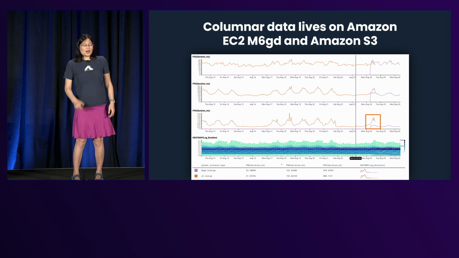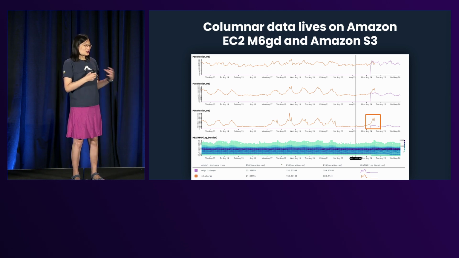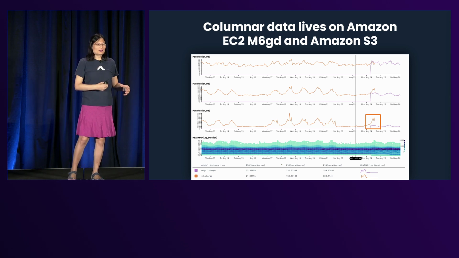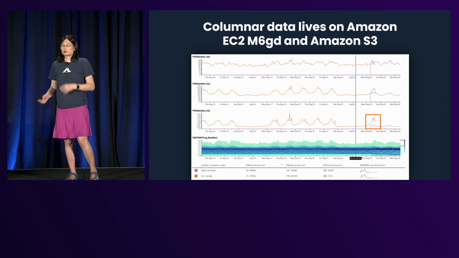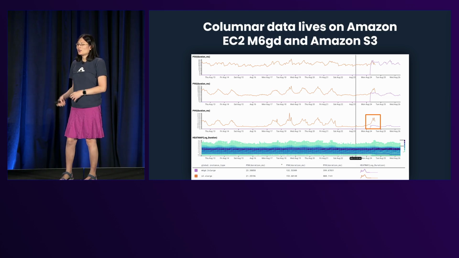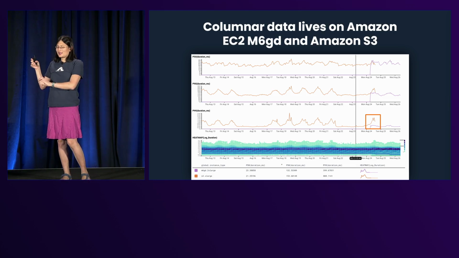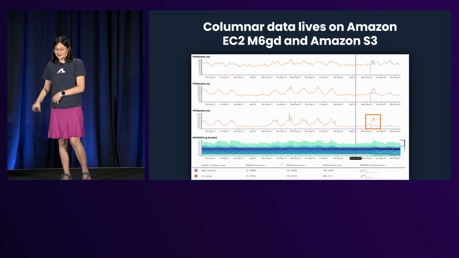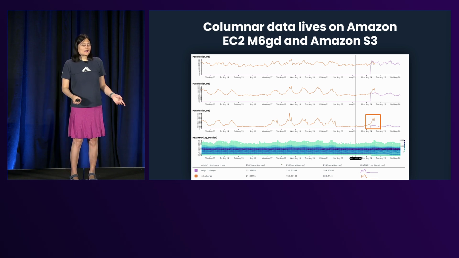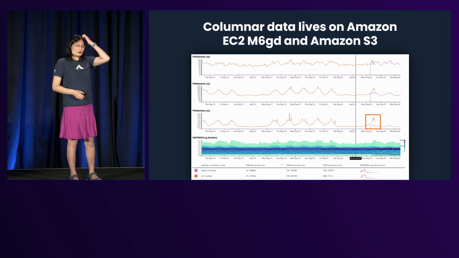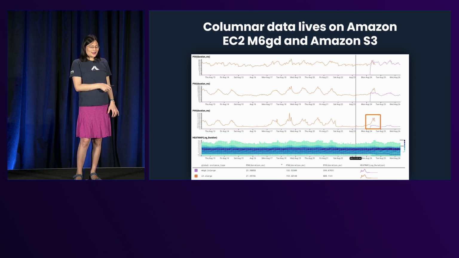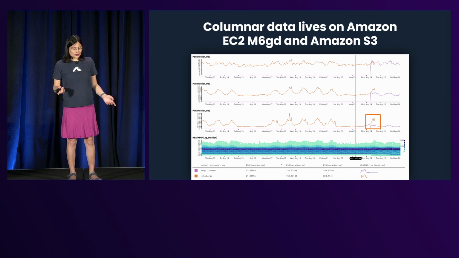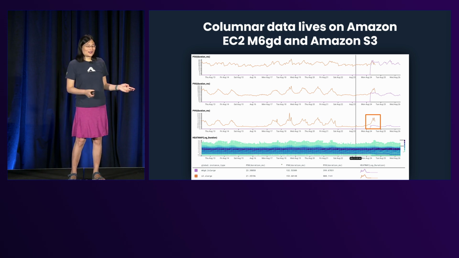So we have this indexing engine, which is super powerful, right? We ingest all this data from our customers, and then we store it broken down by column, broken down by which specific field is in each of these traces. So this workload runs with the data living on local SSD. And we were originally using, I think, i3 instances for this.